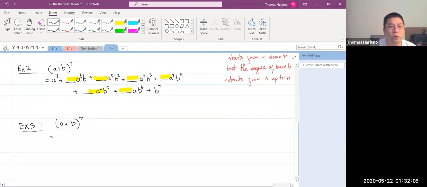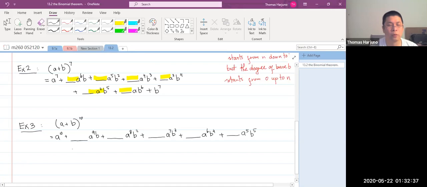Okay, so for the terms that will be a to the 10 plus something a to the 9 b plus something a to the 8 b squared plus something a to the 7 b cubed plus something a to the 6 b to the 4th plus something a to the 5th b to the 5th plus something a to the 4 b to the 6th plus something a cubed b to the 7th plus something a squared b to the 8th plus something a b to the 9th plus, oh no, actually we know that this is b to the 10th.